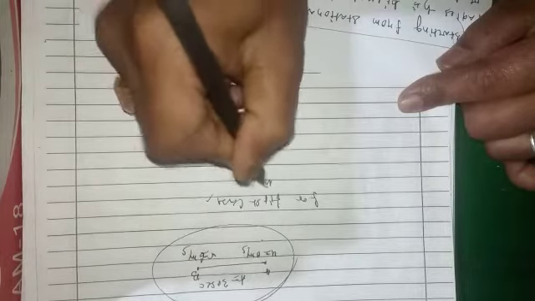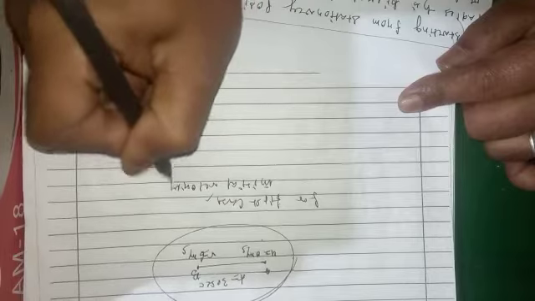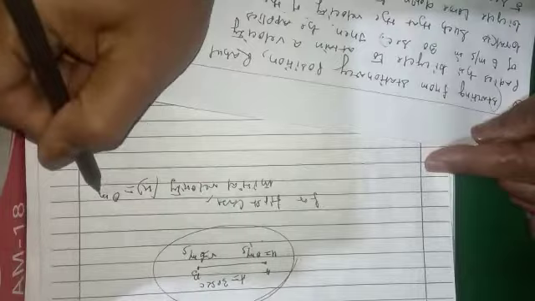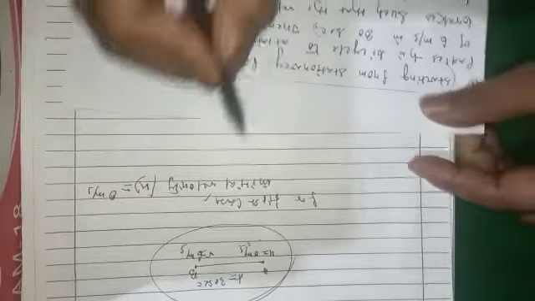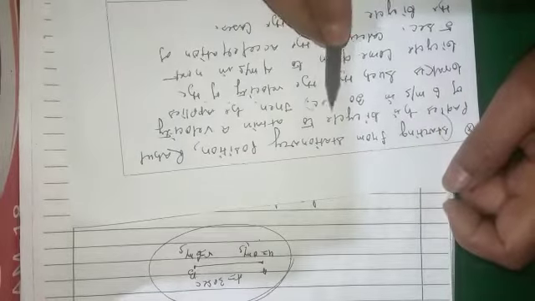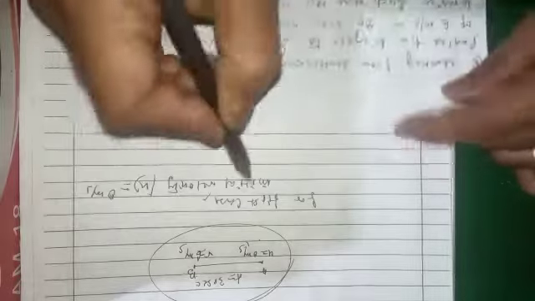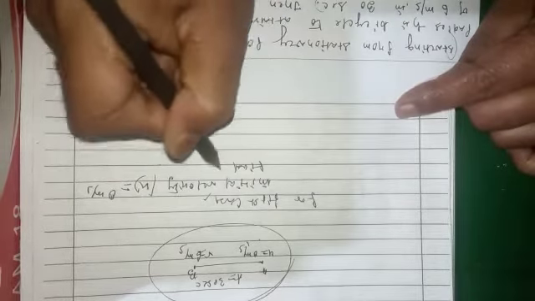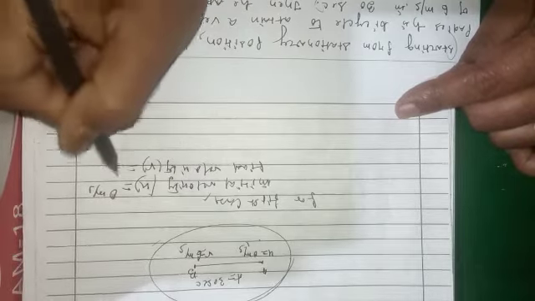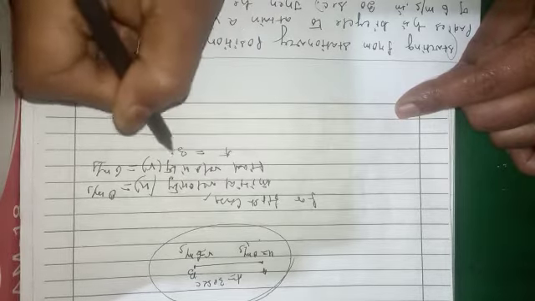Initial velocity, the symbol is u, 0 meter per second, because he starts the journey from stationary position, and after that he increases his velocity by pedaling, and velocity increased to 6 meter per second. So this is the final velocity. Final velocity, the symbol is v, 6 meter per second, and time taken t is equal to 30 seconds.